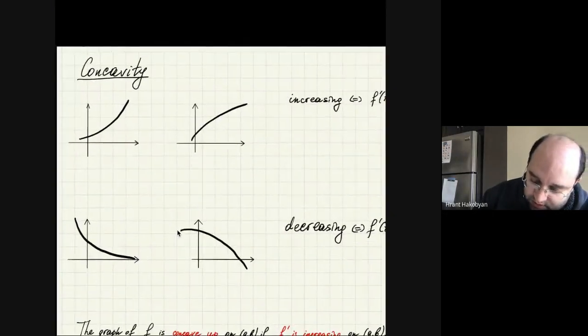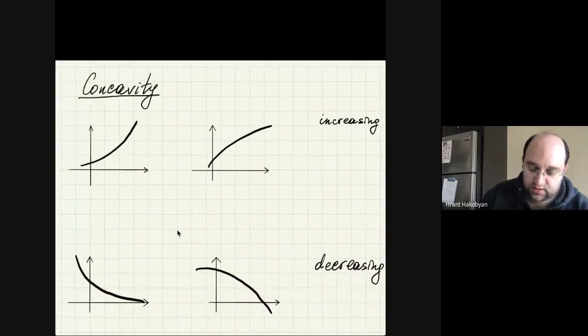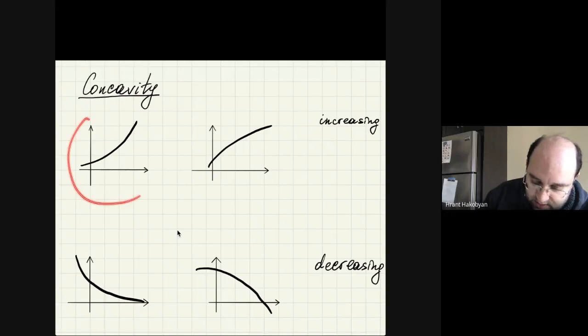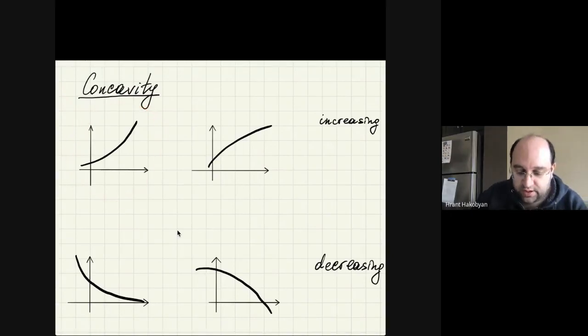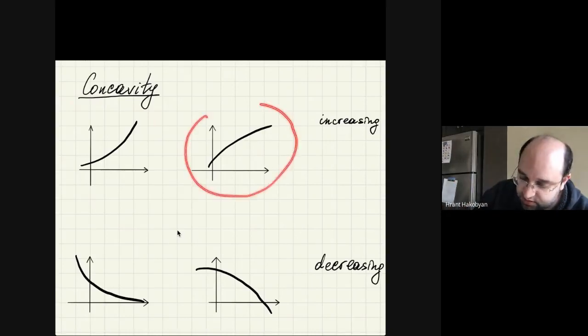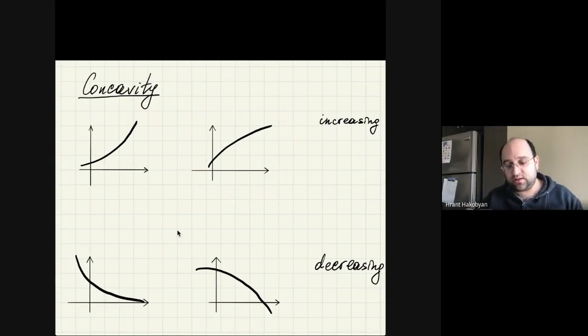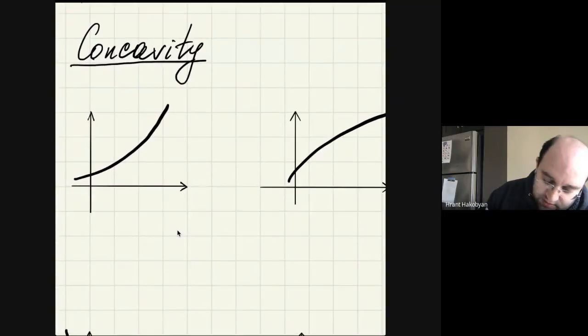It seems that the first one here is increasing at a rate that is getting bigger and bigger, so it's increasing faster and faster. And this one is also increasing, but the rate at which it is increasing is slower and slower. What do I mean by that? Let's draw the slopes of these functions at some point.